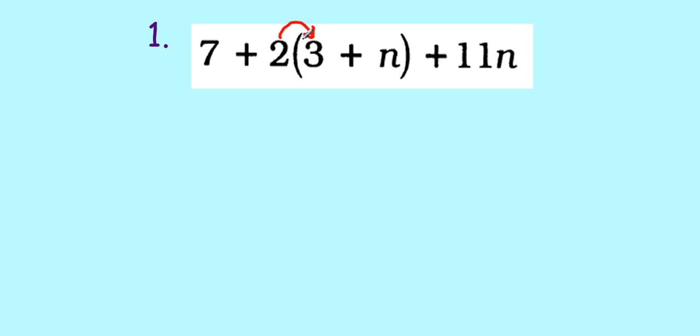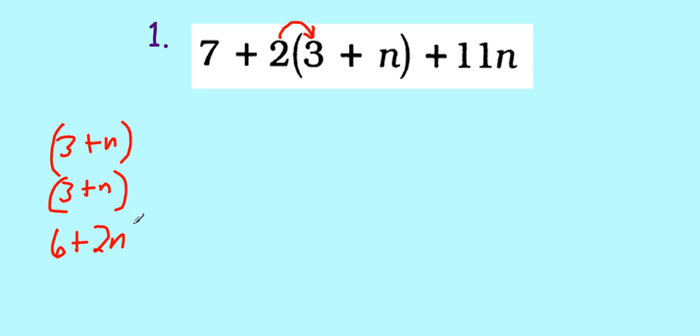What we're saying is that we need 2 times 3 plus n. We need 2 of 3 plus n. So 3 plus n and 3 plus n. So we need 2 of these. If we add these together, we get 6 plus, and then we have 2 n's, right? Well, that's what we're going to do here through the multiplication.